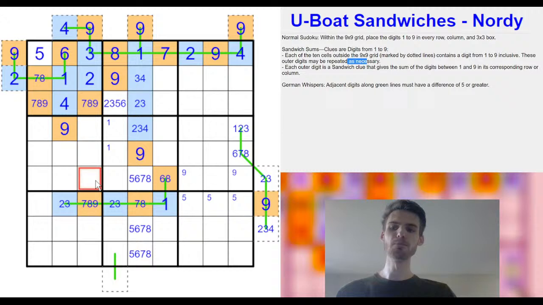Well, I'm pretty sure that 3 cells are not going to add up to 2 or 3. So the 1 cannot be on this side of the row. And the 1 can't be here because of our pencil marks. The 1 can't be here or here. So this is a 1-9 pair, as I think Nordy did point out.